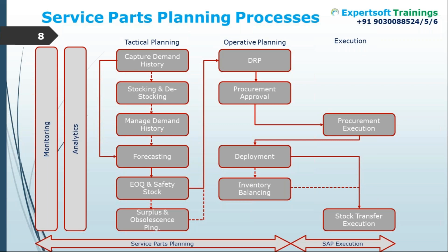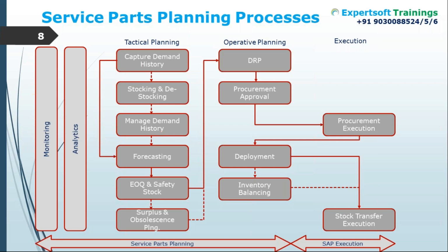And this is the famous diagram in SPP. Whoever knows SPP has seen this, I think, millions of times. This diagram pops up everywhere. So there is tactical planning, operative planning, and execution. Your demand capture, demand history, stocking, destocking, realignment, forecasting, EOQ, everything comes under the tactical.